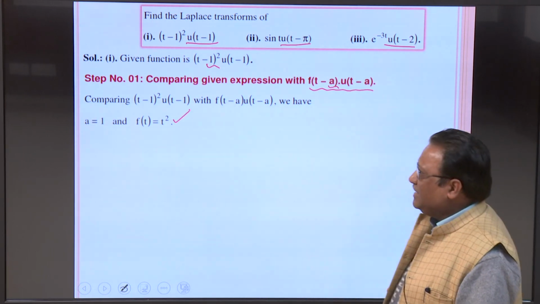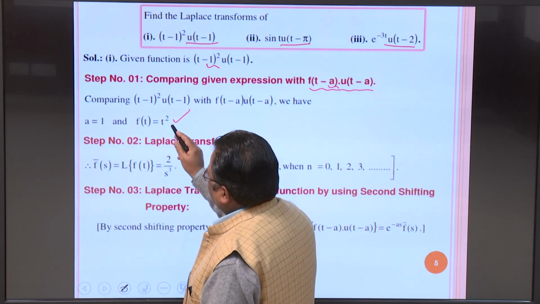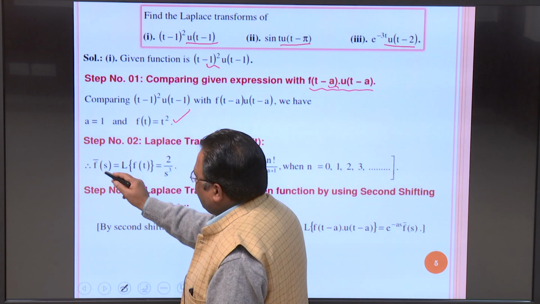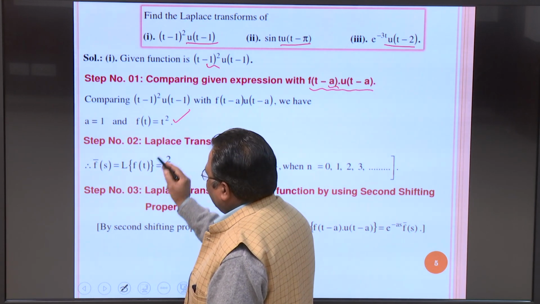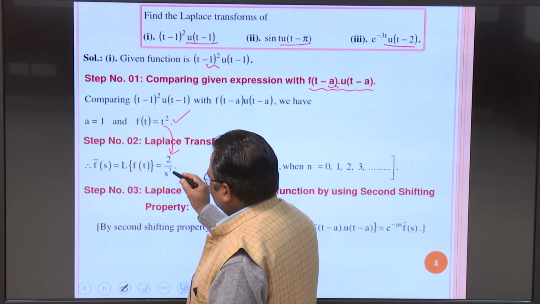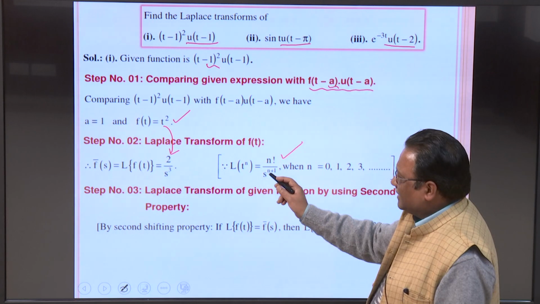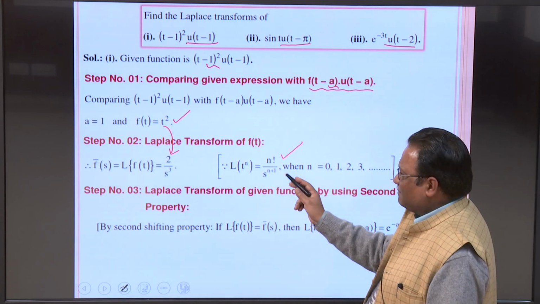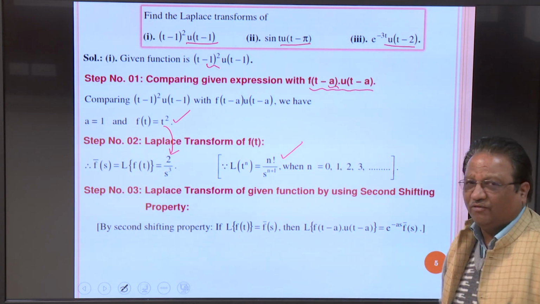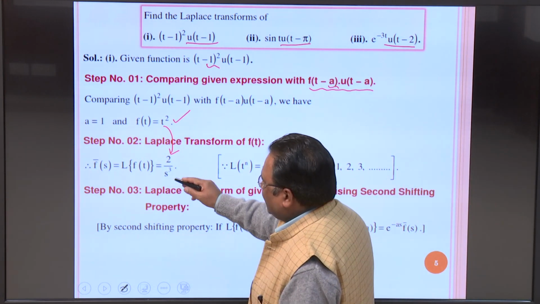So a is equal to 1 and f(t) is t^2. Then what is f bar s? f bar s is equal to L{f(t)}, and you know the Laplace transform of t^2 is 2 divided by s cube, using the formula L{t^n} is equal to n factorial over s^(n+1), where n varies from 0, 1, 2, 3 and so on. So f bar s is equal to 2 over s cube.